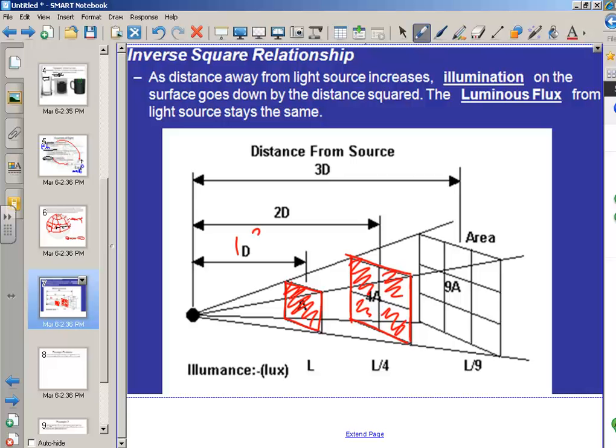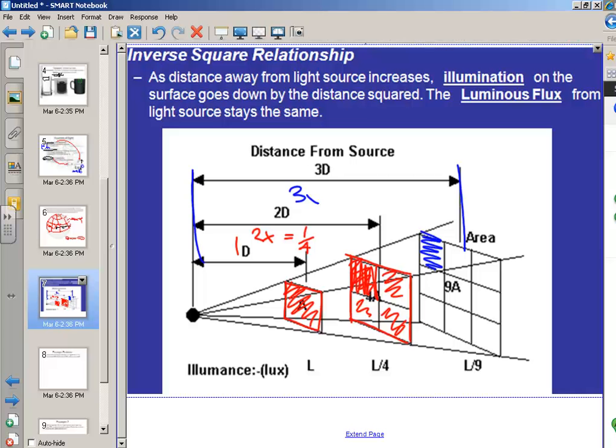So you got twice as far away, but the amount that's on this square right here is 1/4. That's why it's called inverse square. If you got 3 times as far away, it's 1/9. So you square it, and it's the inverse. You square this, 3 times 3 is 9, and the inverse is 1 over that. It makes sense. It gets dimmer by a factor of 1/9.